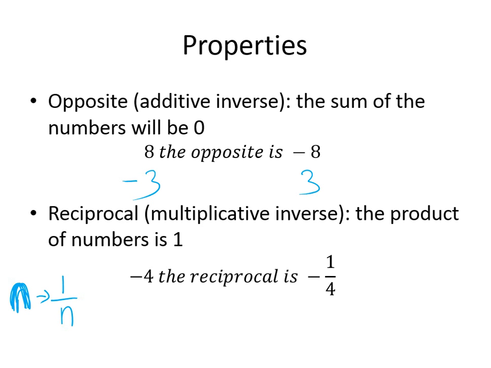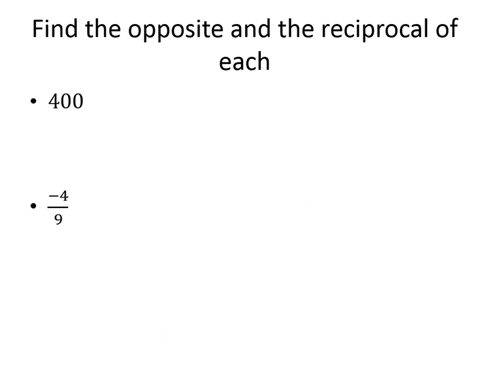That's your reciprocal. So if I have 3 over 7, the reciprocal of that would just be 7 over 3. As you see, all we're doing is just switching them. You switch them around, and that gets you your reciprocal. Pretty simple. Pretty easy.